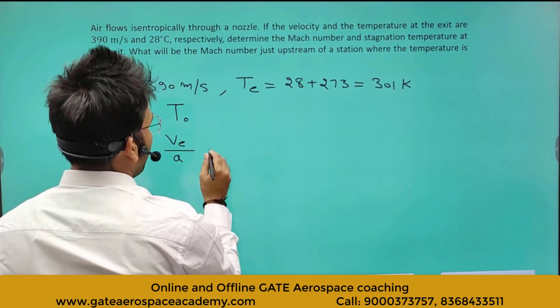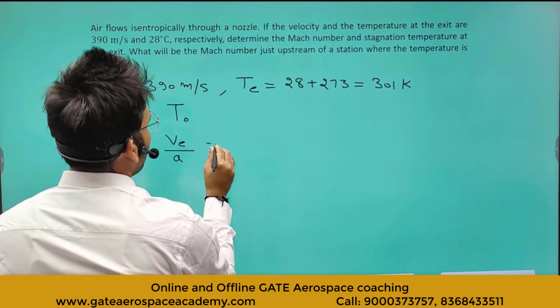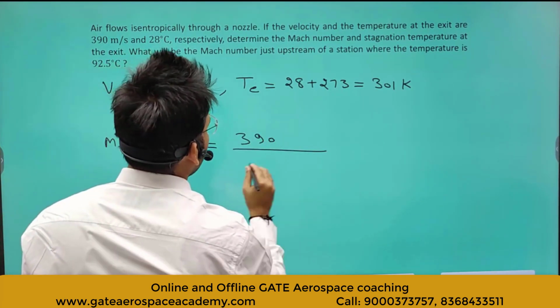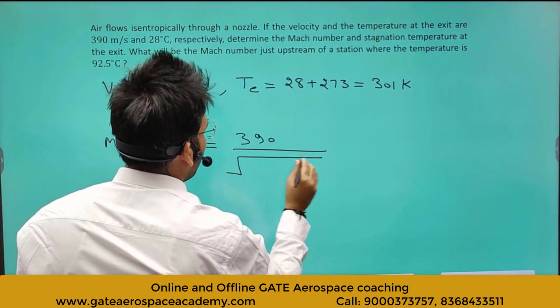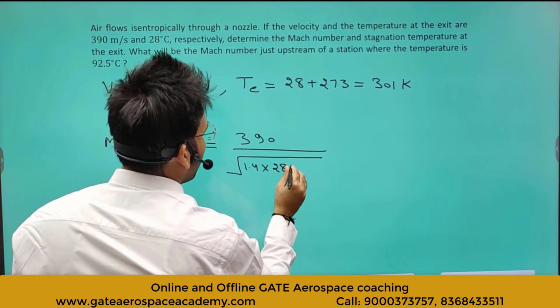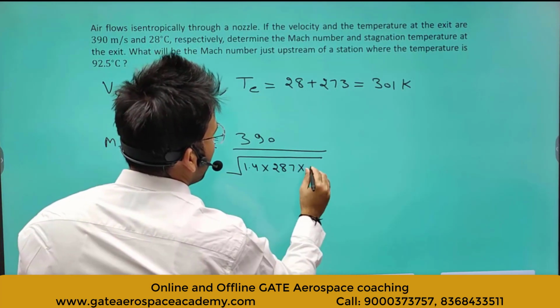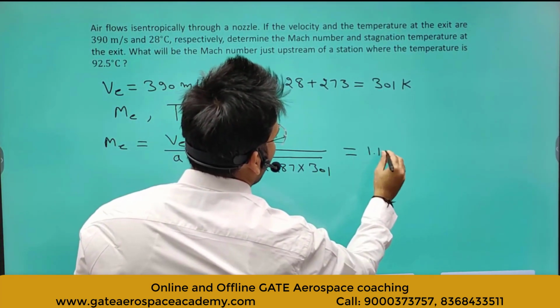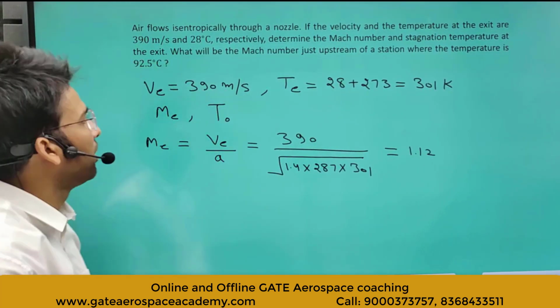Correct? Exit temperature is given, velocity is also given. So 390 divided by under root gamma R TE, with TE 301. So that will be 1.12. So we got the Mach number.